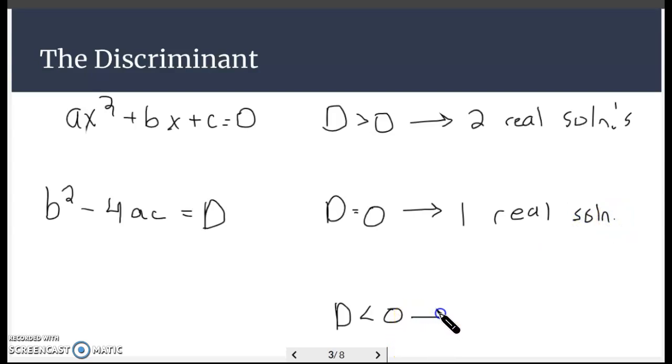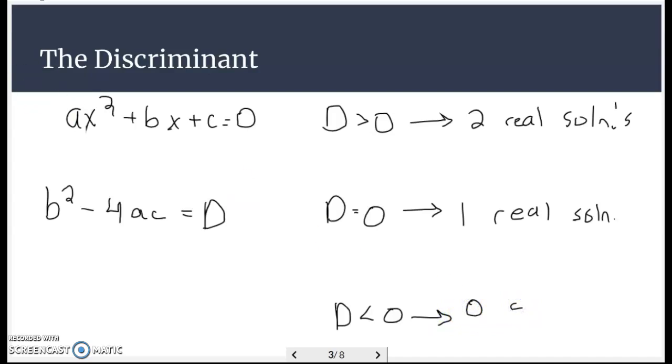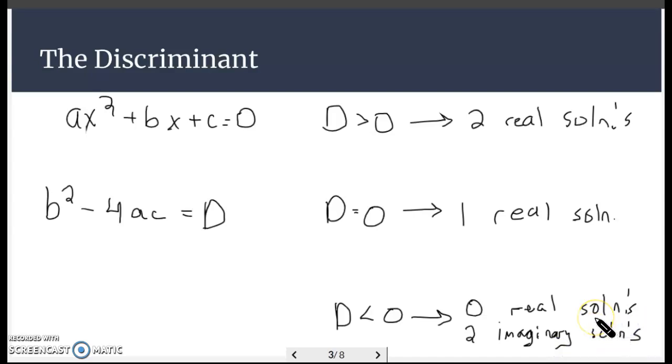And if D is less than 0, there are 0 real solutions, but there would be 2 imaginary or non-real. This video isn't going to get into the imaginary part, but they do exist in an imaginary number plane.